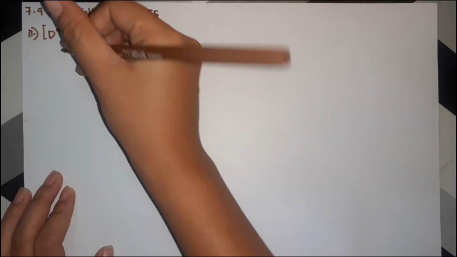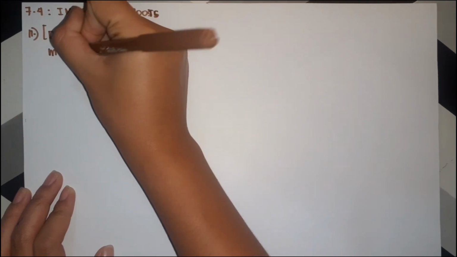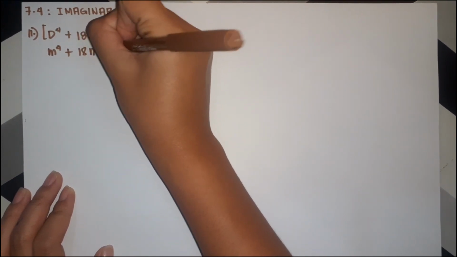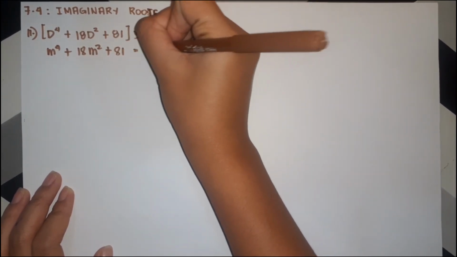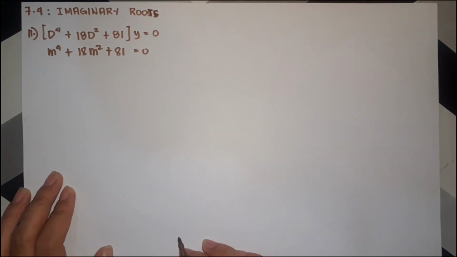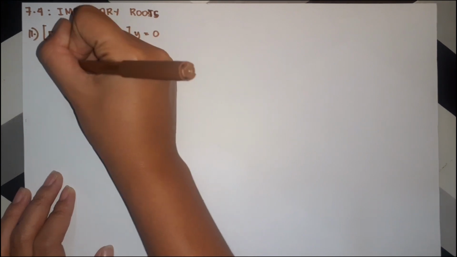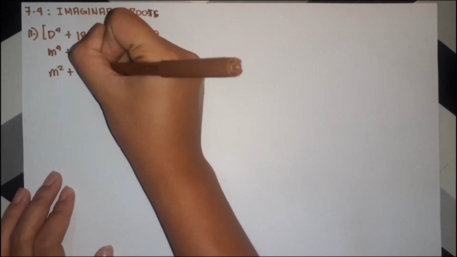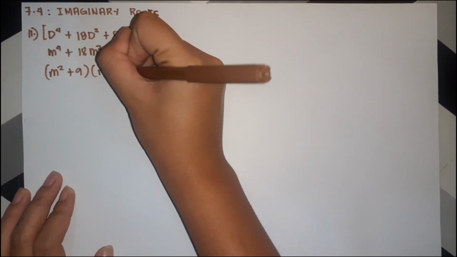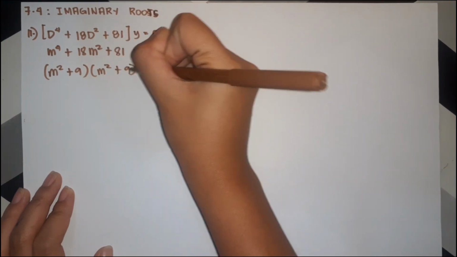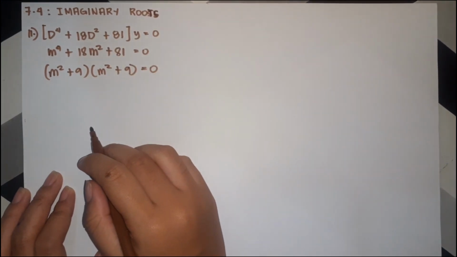So this will be m raised to 4 plus 18m squared plus 81 is equal to 0. To get the roots, we will factor this polynomial out. So this will be m squared plus 9 times m squared plus 9 is equal to 0.